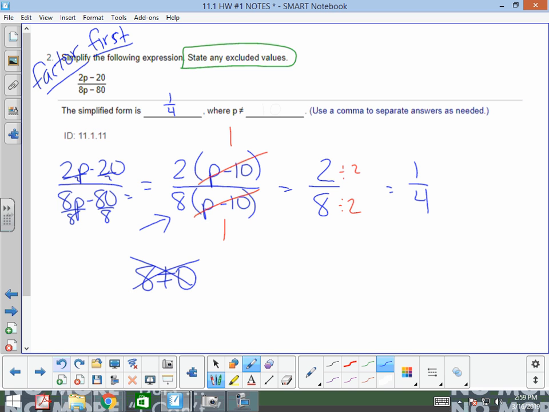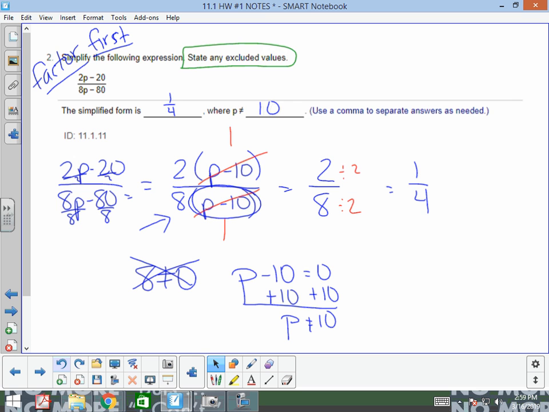We're only looking at the factors that have a variable. So this is the factor that has a variable. Set it equal to 0 and solve. So this is actually the excluded value for p, because if p were 10, then this would be an undefined expression.